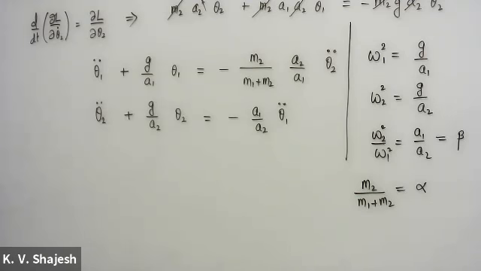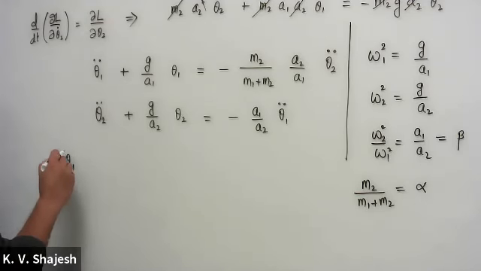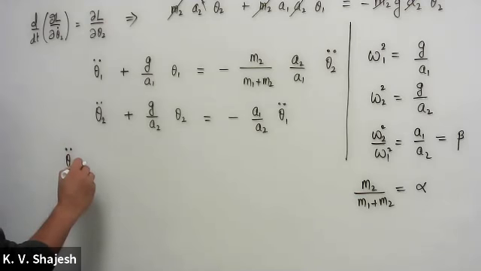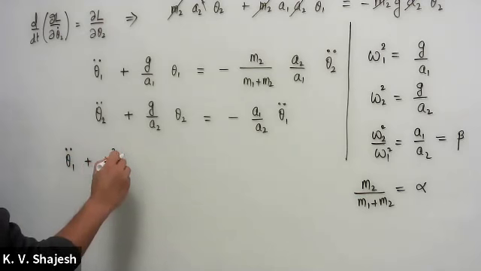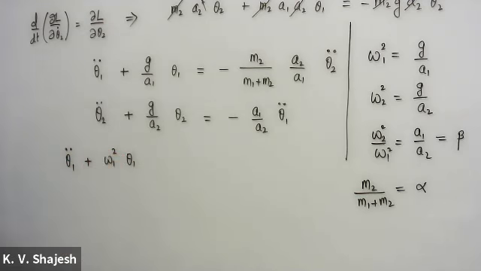That's pretty much what it is. So I can write these equations together as theta 1 double dot plus omega 1 square theta 1.